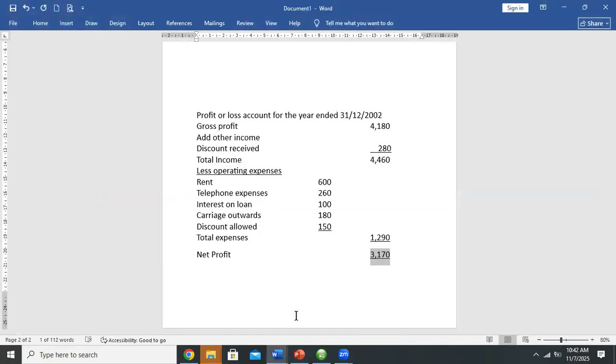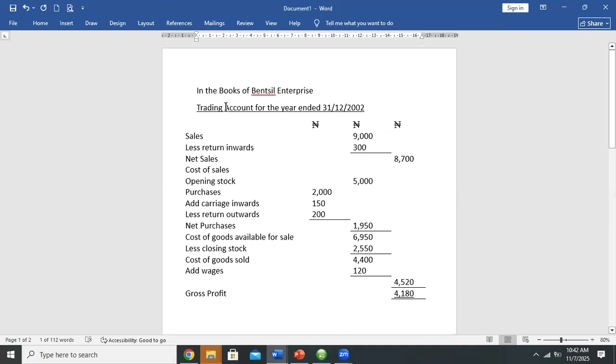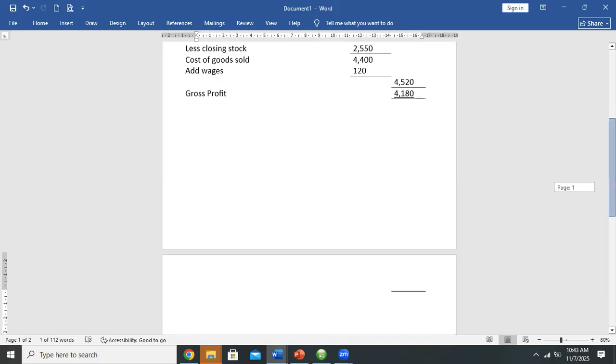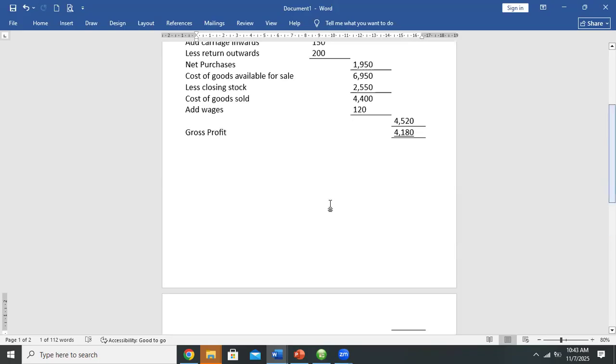What they are trying to tell you is that, first of all, the heading will change. So the heading will be trading and profit or loss account for the year ended. You start with your sales because the trading account comes first. Do everything, get to the gross profit. And then right away, you add your other income and less operating expenses. That's all. You don't have to do any gymnastics.